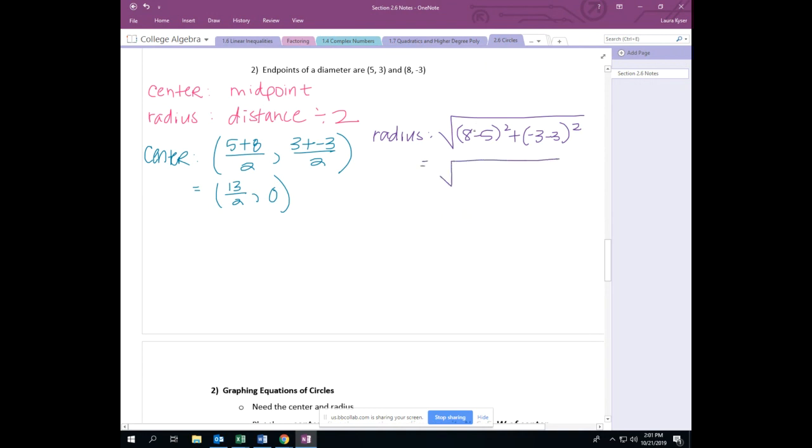We're going to simplify. 8 minus 5 is 3 squared. Negative 3 minus 3 more is negative 6 squared. Don't get excited. That's not 0. And now we've got 9 plus 36, which is the square root of 45. Now, this value here is the diameter. Remember, to find the radius, we're going to take that distance and divide it by 2. So I'm just going to put it over a 2 like that.